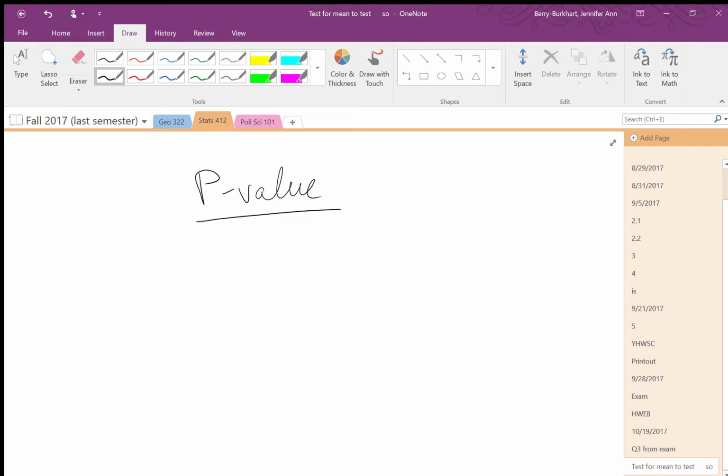I get my data, I compute all this stuff, and then I go, okay, how extreme is this value that I see in either one of these scenarios? I go, how extreme is it?